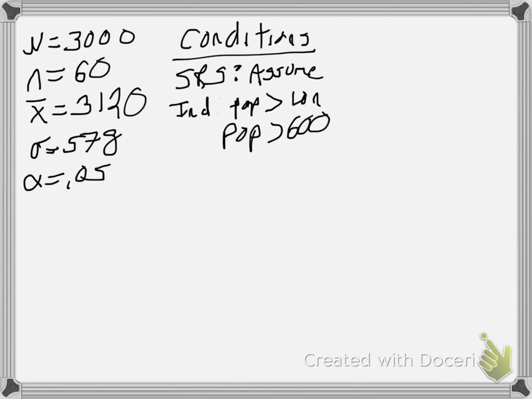Probably. I mean, this is one of those ones you don't know, but we're going to say that there are. And then normality. Either you're told that it's a normal distribution or n is greater than or equal to 30. Well, is 60 greater than or equal to 30?